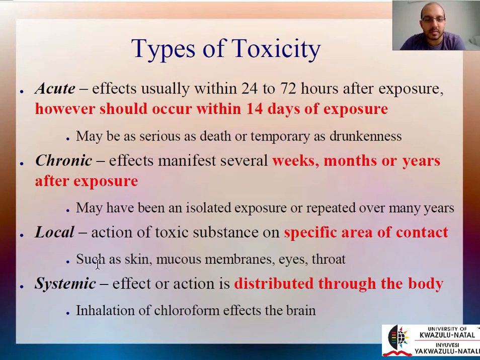So, exposure to the skin or to the mucous membranes, to your eyes, or maybe just to your throat. And then there is systemic toxicity, where it doesn't really matter how the exposure happens. You could breathe it in or it could be spilt on you, but the effect or the action is distributed throughout the body. So for example, inhalation of chloroform can affect the brain, even though your brain is not directly exposed to it.